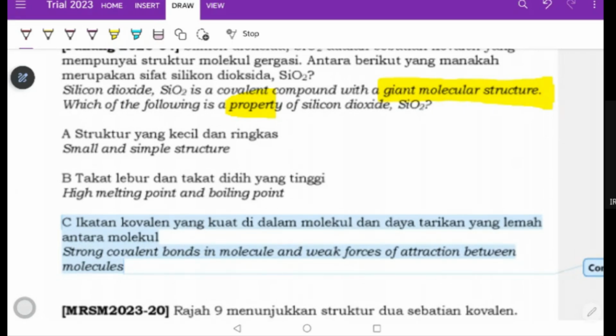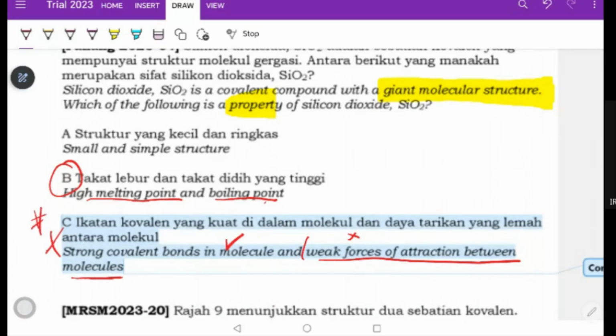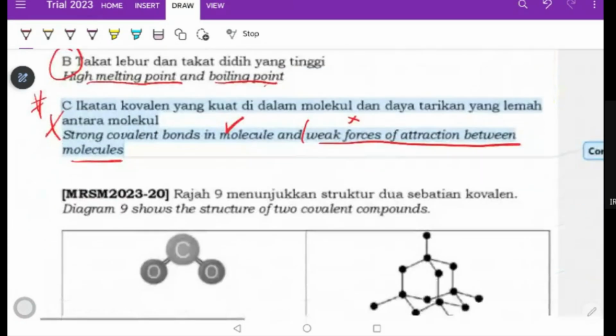I think the answer should be B, not C. It has a very high melting and boiling point because the attraction force is very strong. Weak force between the molecules is not right. This part is okay, but this part is wrong. I will double check again. If I'm wrong, I will let you know in class.